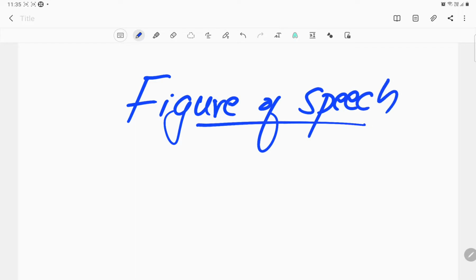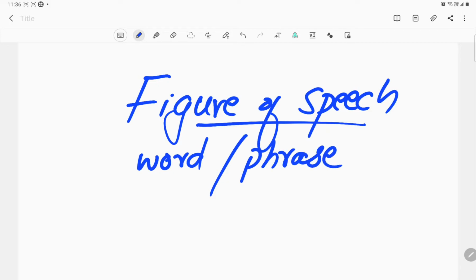A figure of speech is a word or phrase. Word means a single word. It could be a phrase, a group of words, that possesses a separate meaning from its literal definition. So these words or phrases used as a figure of speech in a particular sentence will have an altogether different meaning.